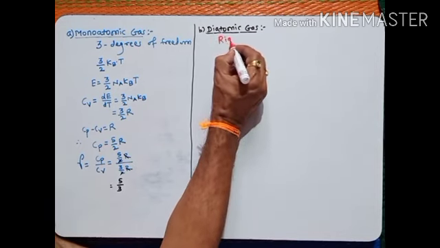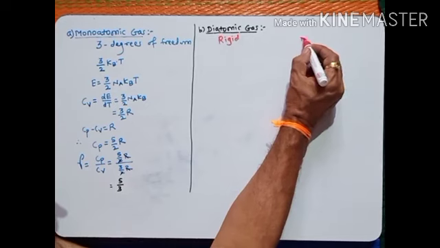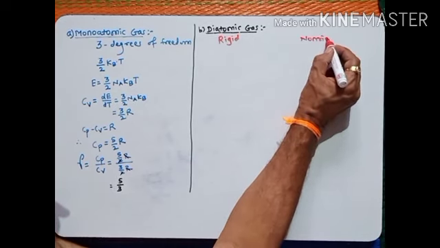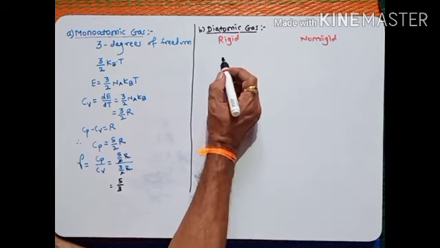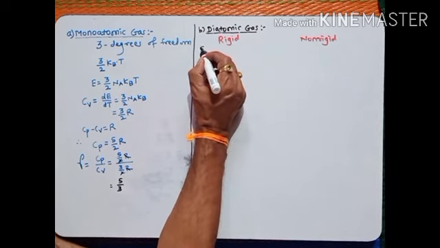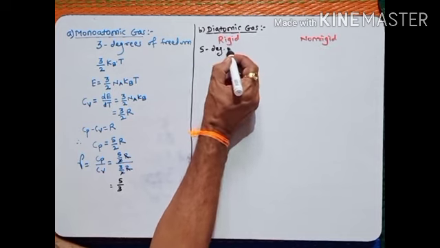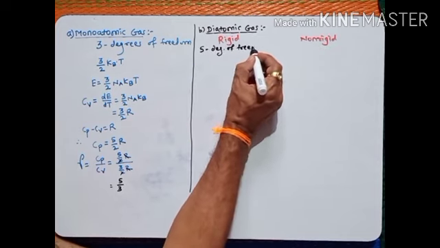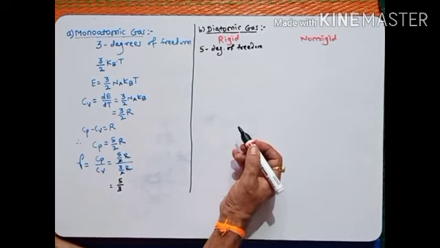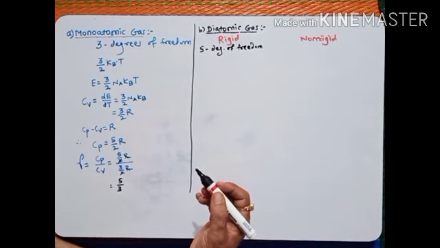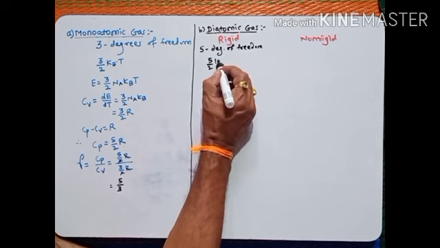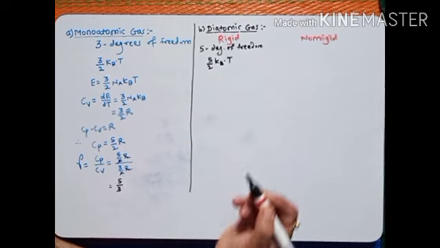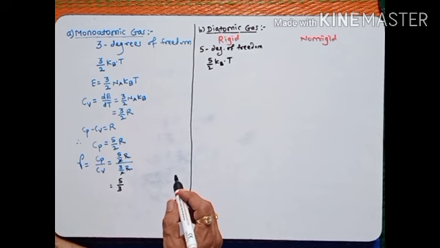Rigid diatomic gas and non-rigid diatomic gas. See here, for rigid diatomic gas there are 5 degrees of freedom. Therefore, average energy per molecule is 5 by 2 kb into T. This is the average energy.